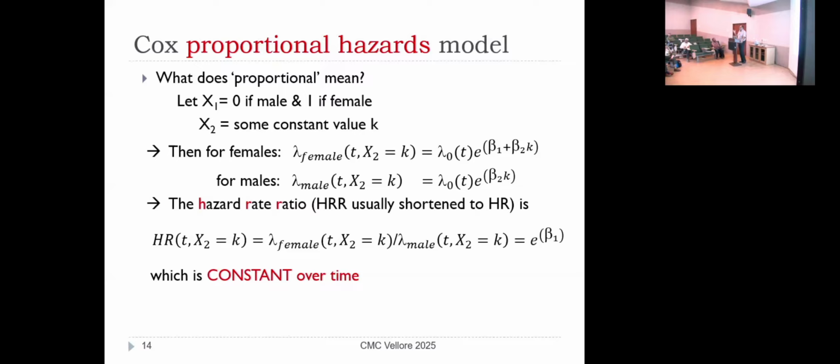If it's greater than 1, then females have higher hazards than men. If it's less than 1, females have lower hazard than men. If it's equal to 1, females have equal hazards to men. Careful that they have equal hazards, not equal risks.